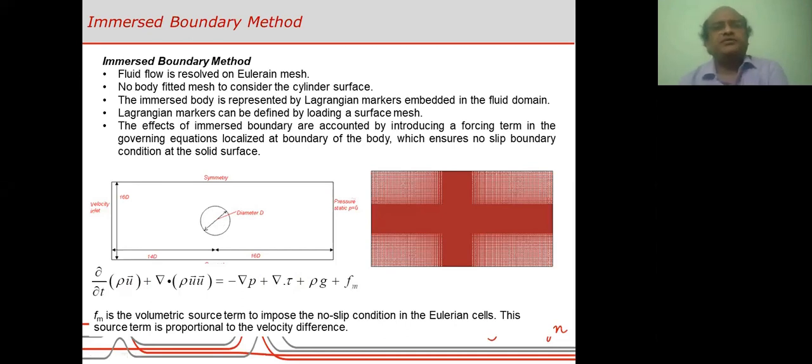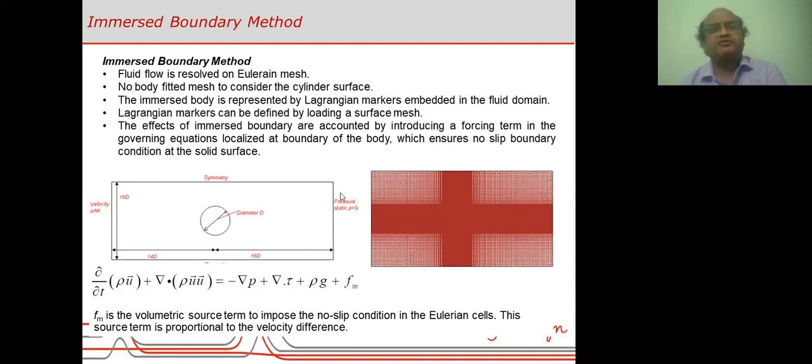Then the fluid flow solver is modified to include the presence of that surface. For example, I have shown the basic equation. This is a momentum equation. That is, rate of change of momentum plus the convection is equal to the pressure gradient and the viscous stresses, buoyancy force. And there is another term, a source term. This source term takes into account the effect of the wall of this body. So this is the immersed boundary method.